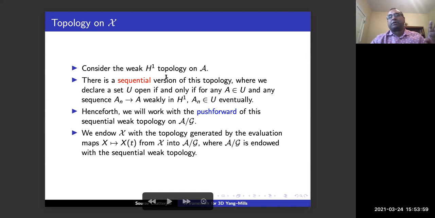So we put on A/G the sequential version of the weak H1 topology on A pushed forward to A/G, and then the topology generated by these evaluation maps is what we endow the space X with.